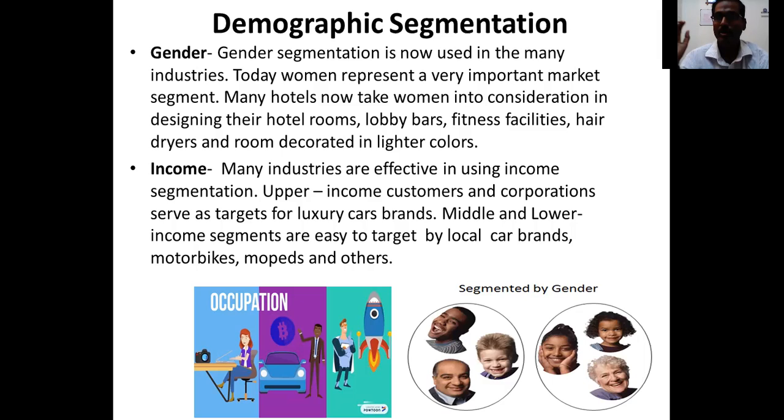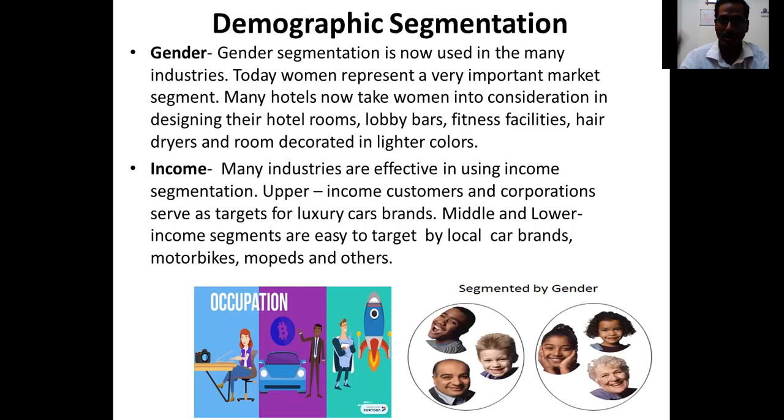Not only are the rooms allocated only for women, but also the hotel staff who service the rooms on that floor are all women, like the room attendants, the security guards, even the person who delivers the food. This is to make women feel very safe and secure and to attract the rising women segment.